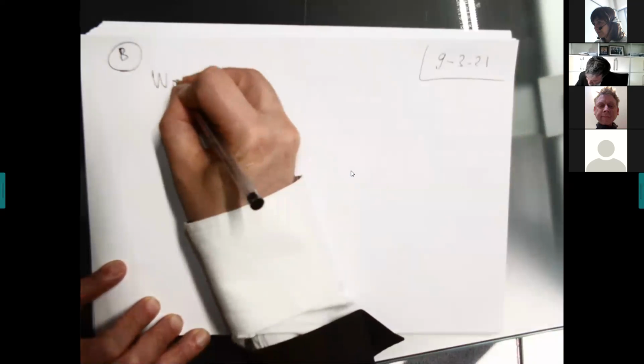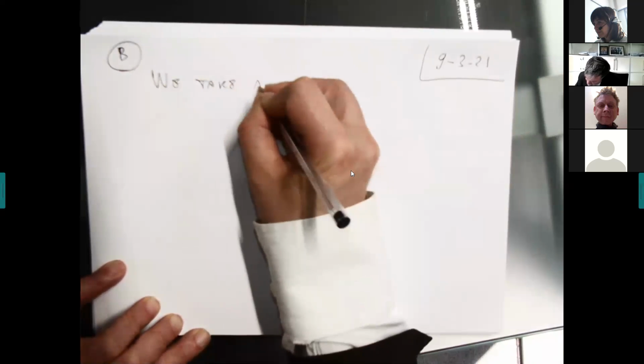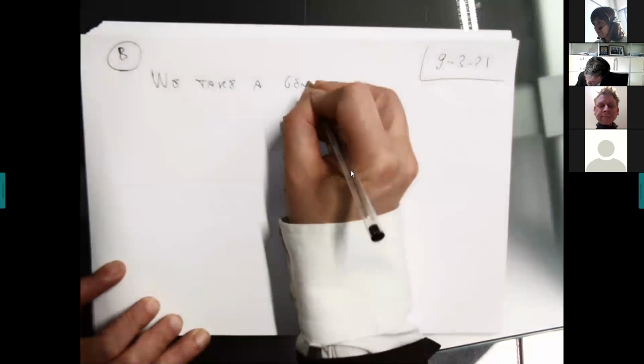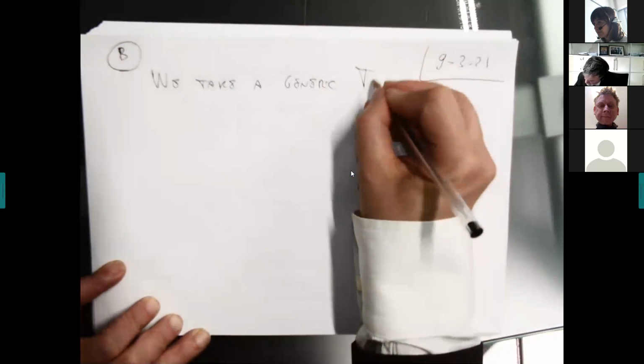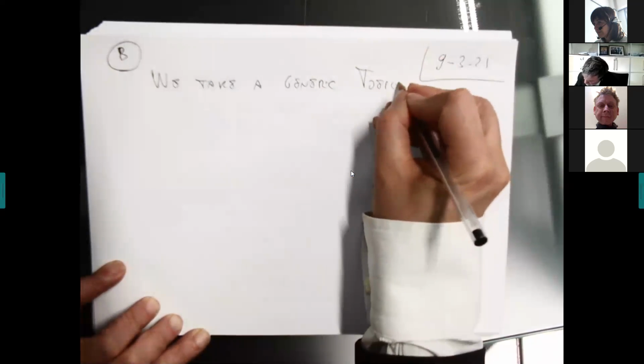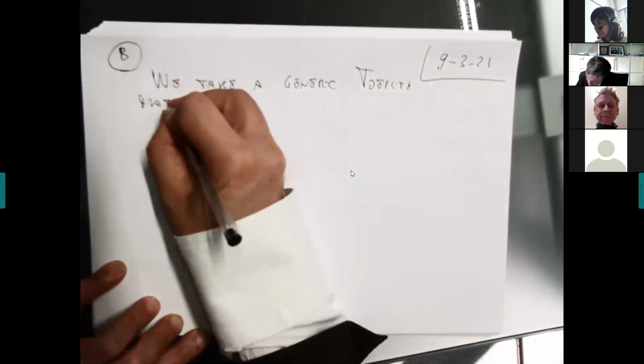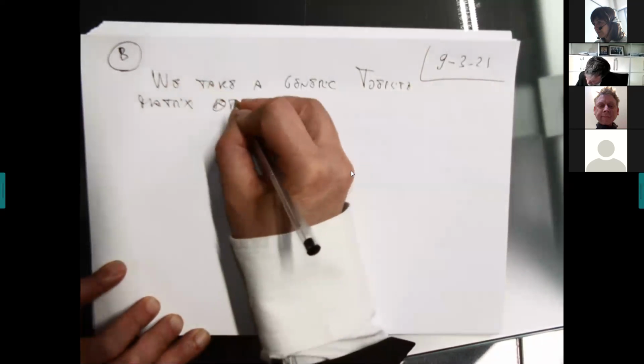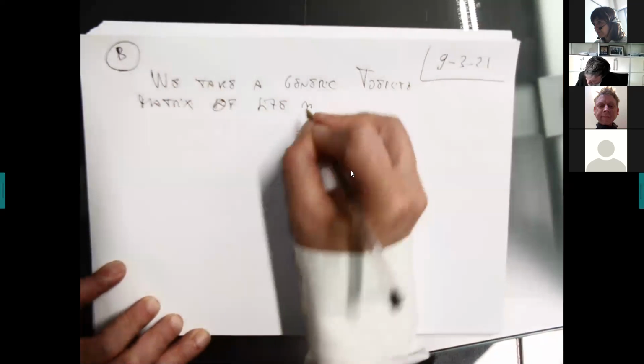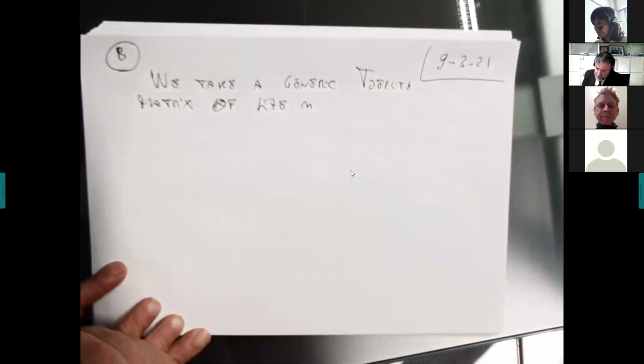So we take a generic Toeplitz matrix of size n. Okay, and remember here I don't put a constraint on the size.